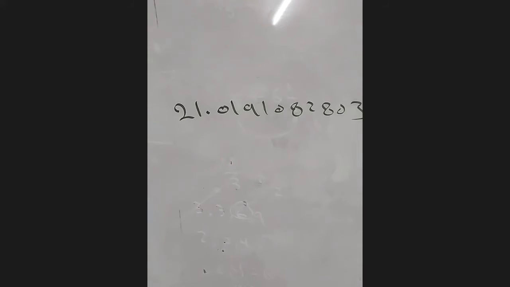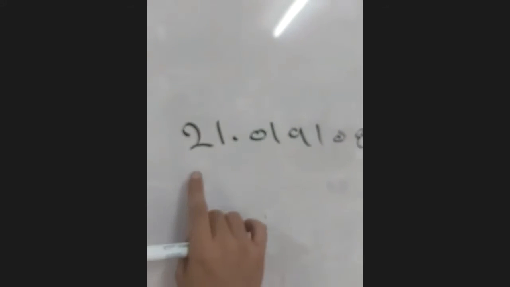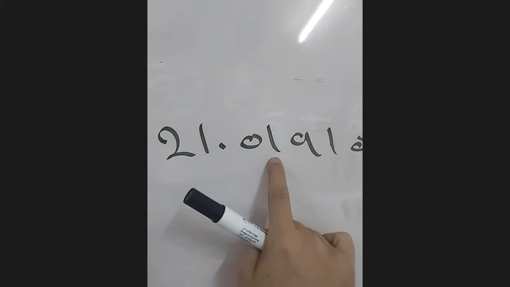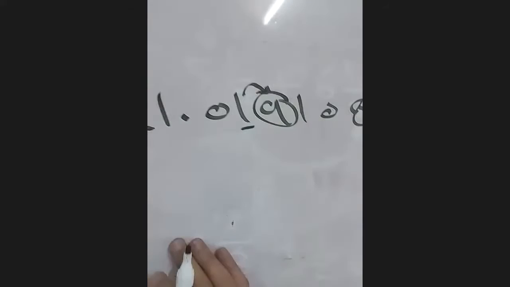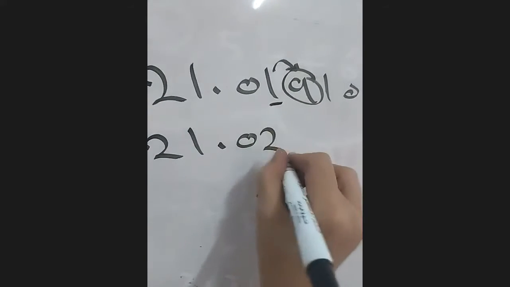Now, if you go back to read the question, round to the nearest what? Hundredth. So I will go to the hundredth. Where is the hundredth? The 1 is the hundredth. What after it? 9. So the 1 will be what, Yazan? 2.